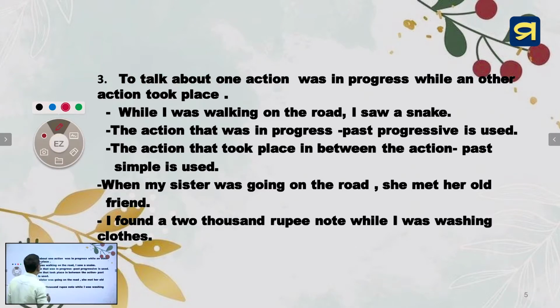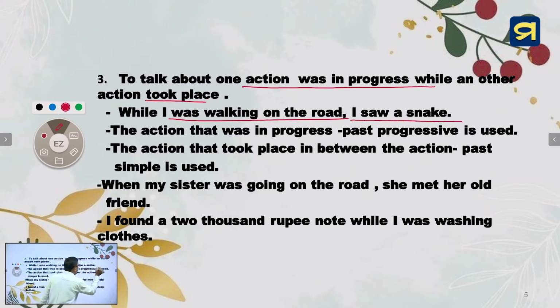To talk about one action that was in progress while another action took place. You see, one action was in progress and another action took place. Let's take one example. While I was walking on the road, I saw a snake. You see, this action was in progress. While this action was in progress, another action took place in between. That means I saw a snake.